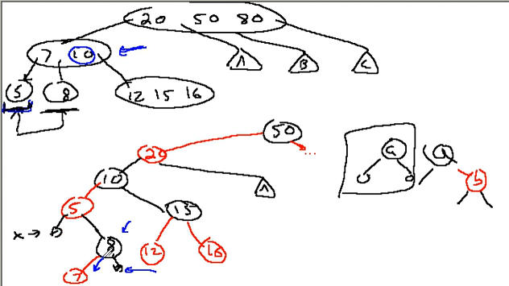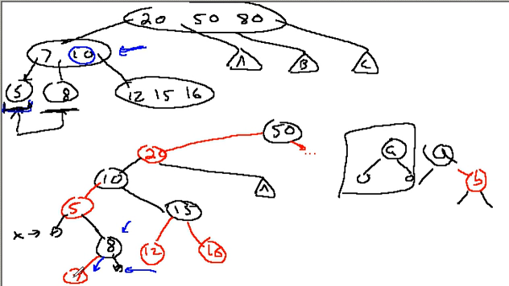X is to the left of 8, and so the child of 8 that is furthest from x is the right child of 8. 7 is the child of 8 that's closer to x.